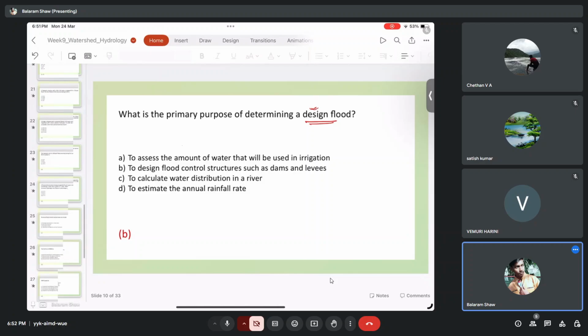I was mentioning flood design or design flood.